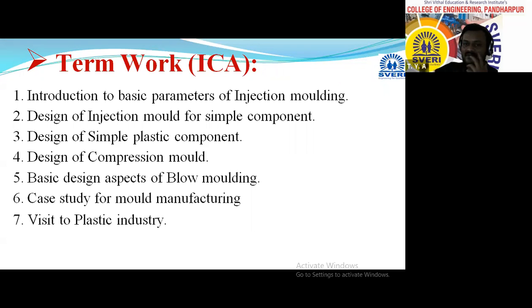Okay, here we have Tejas Agro Industries. Have you seen that industry? I think it is 20 or 30 kilometers from our college. Already we have visited it. Once I visited with, I think, the 2019 batch.